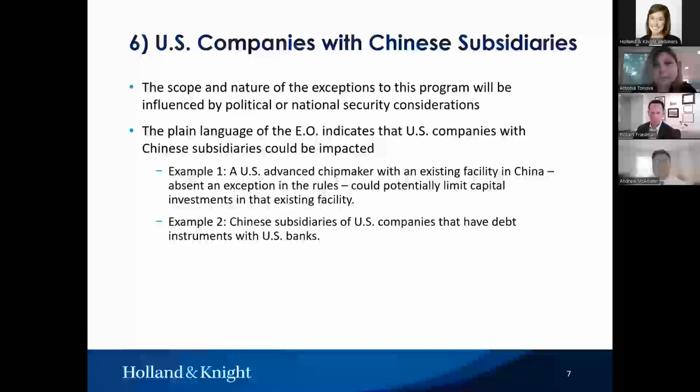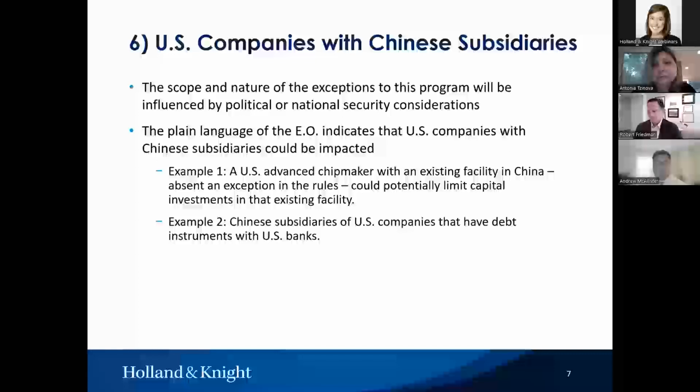The largest is a U.S. investor at 25%. Well, that may be a situation where it's not going to be quite as clear cut as to whether a Chinese subsidiary might fit into that accepted set of transactions.